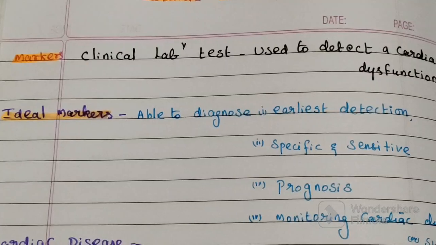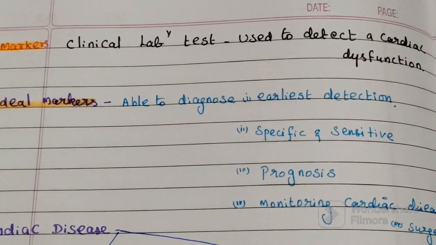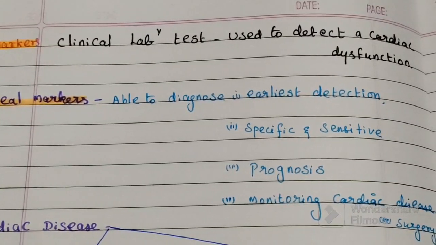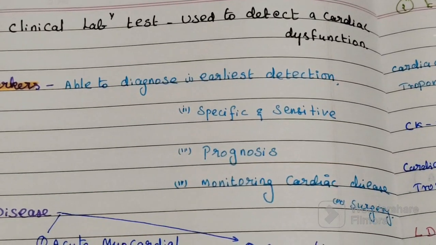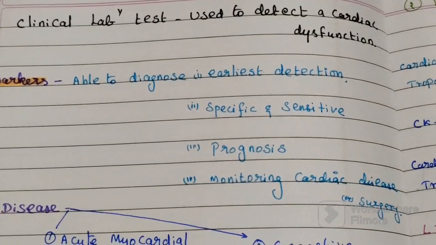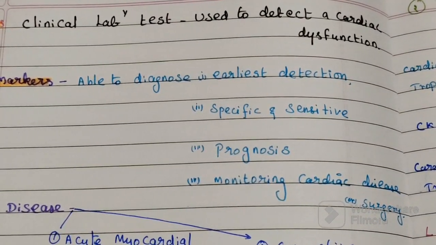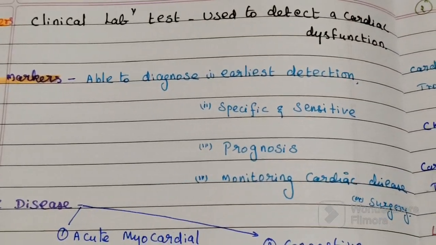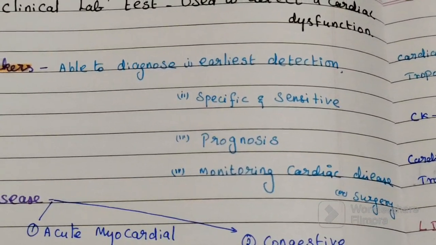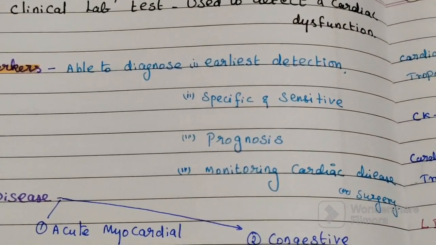An ideal marker should be able to diagnose the disease early, that is, earliest detection of myocardial injury. Then it should be specific and sensitive. Then it should tell about the prognosis of cardiac disease.